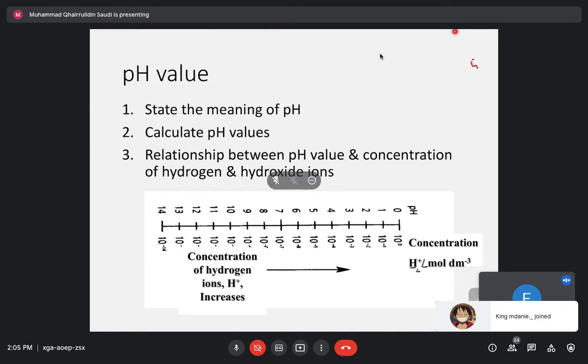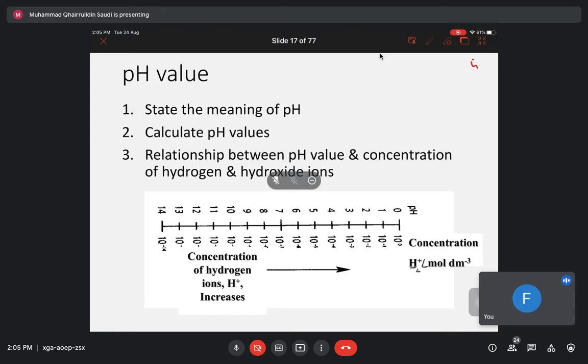Yes. Okay, good. So today we are going to continue after last class, after the introduction of acid and bases, the meaning of acid and base, and the role of water in showing acidity and alkalinity of a substance.